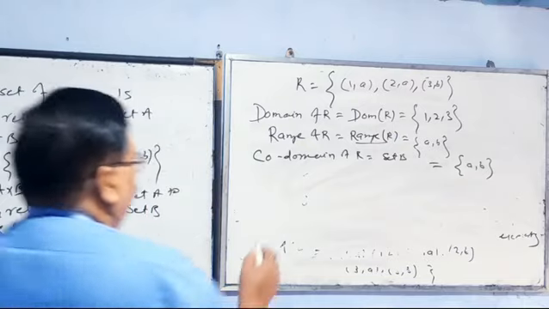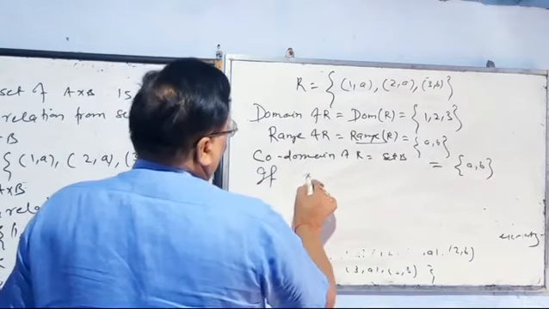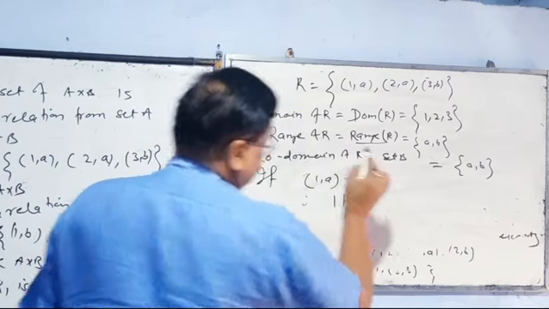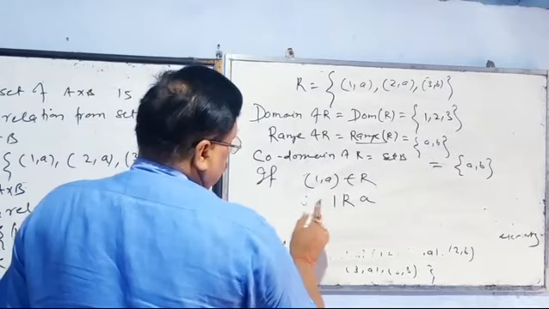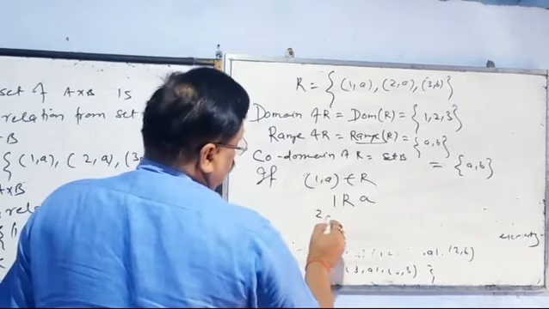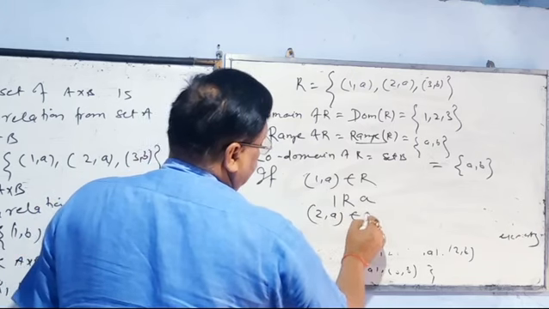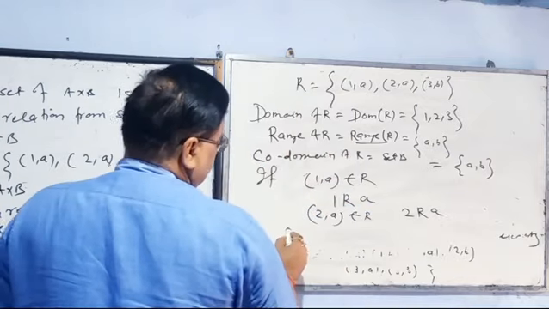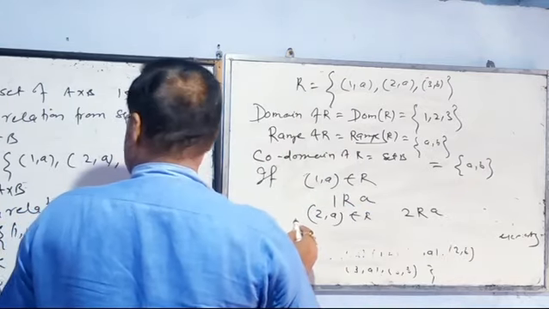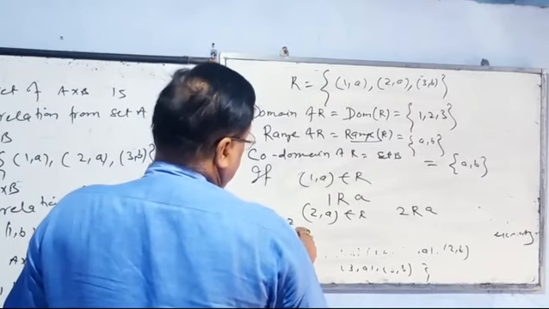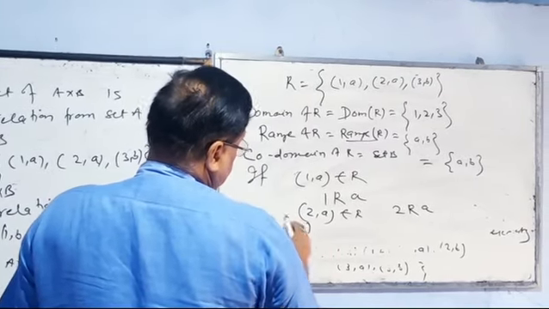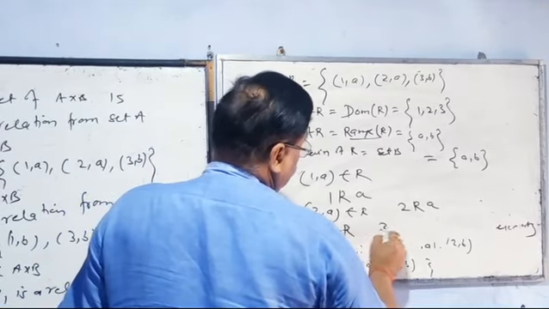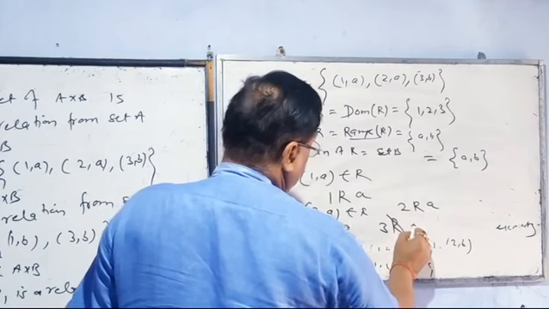Now, students, if (1,a) belongs to R, it means 1 is related to a. If (2,a) belongs to R, then 2 is related to a. Here (3,a) does not belong to R, so 3 is not related to a.